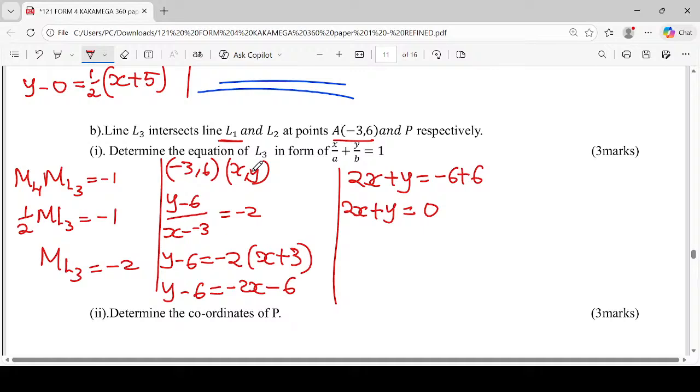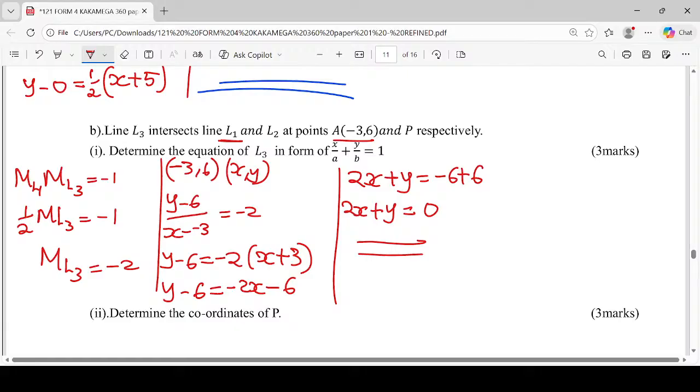Sorry, when you want now to write it in the double intercept form, we are trying to see. So this one will just have to remain this way in that context.